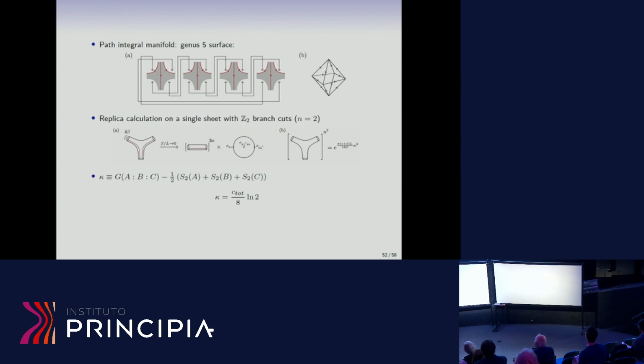In this case, compared to the diagram from yesterday, the diagram is a bit more complicated. It's a genus 5 surface. But we study this quantity in a limit where these directions are very large, so we can actually do the calculation.